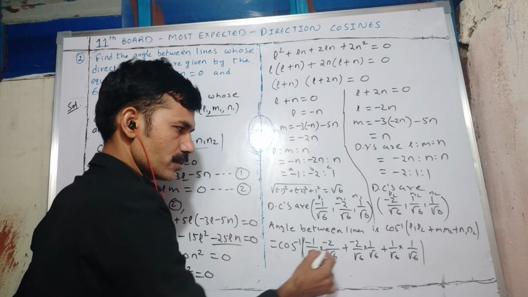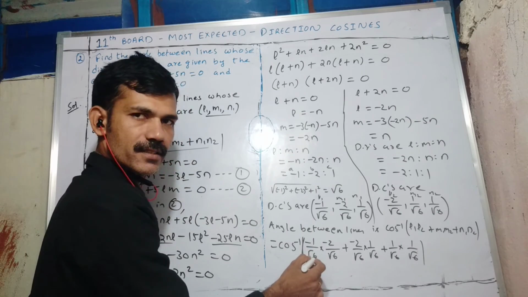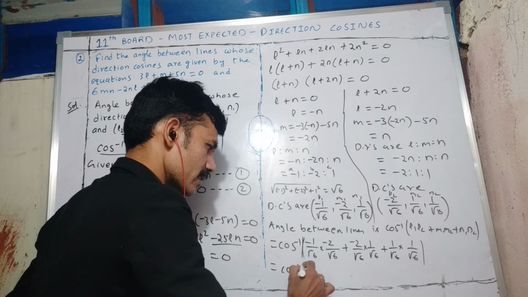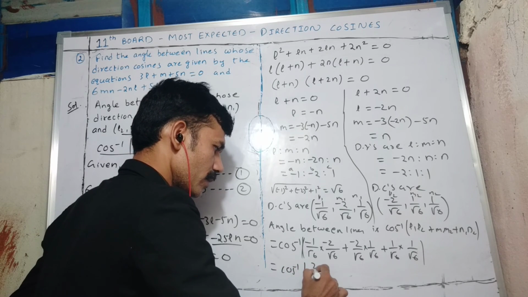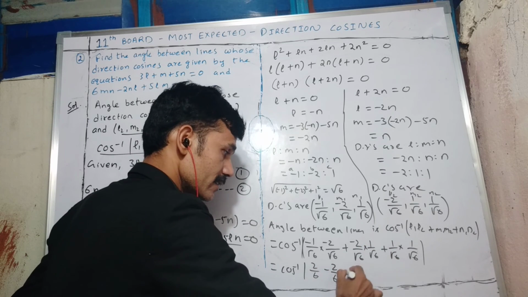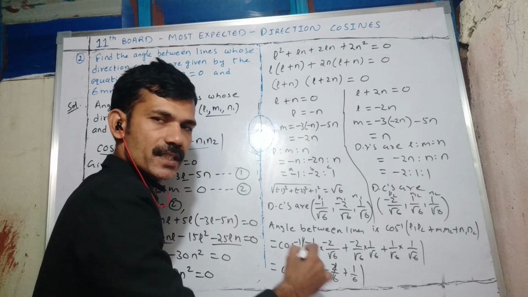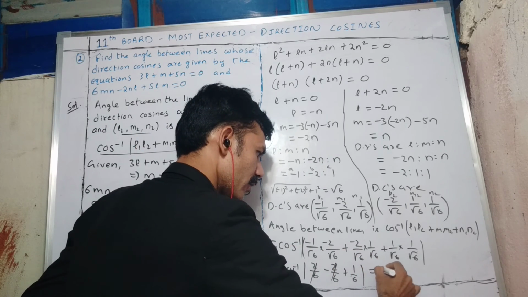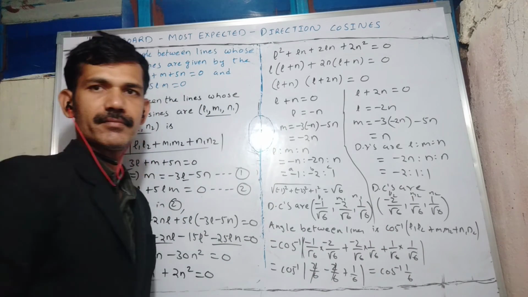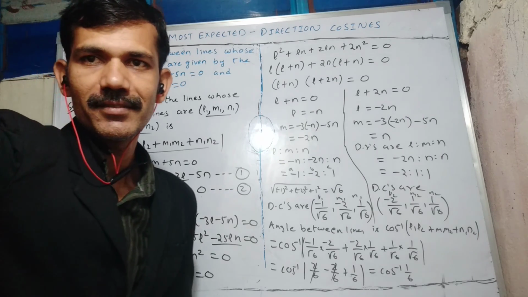The first gives plus 2 by 6, the second minus 2 by 6, and the third 1 by 6. Plus 2 by 6 and minus 2 by 6 cancel. Finally we get cos inverse of 1 by 6. That is the angle between the two lines. Thanks for watching.